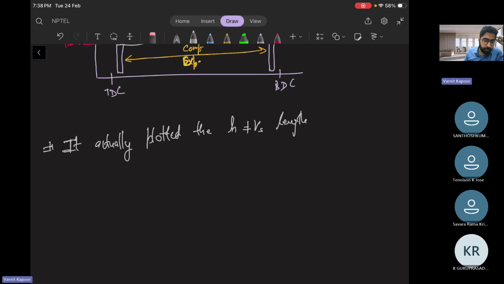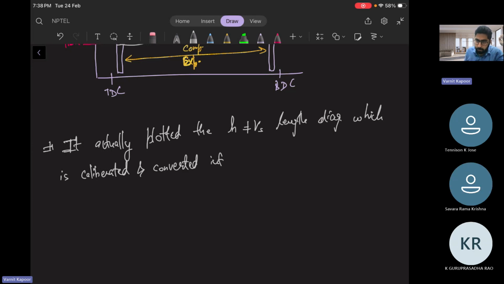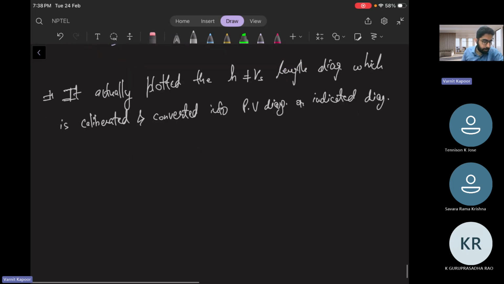That is h, that is here, a diagram which is calibrated and converted into the PV diagram or indicated diagram. Indicated diagram. Okay.